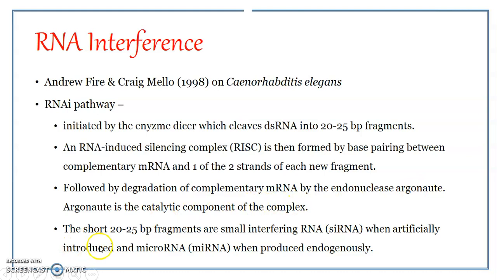Okay, now the short 20 to 25 base pair fragments are small interfering RNA when artificially introduced, or it could be microRNA when it is produced endogenously. What does it refer to? That is these double-stranded RNA which bring about the RNA interference after complexing with RISC. So what are the examples of these double-stranded RNA? It could be the small interfering RNA, or it could be the microRNA.